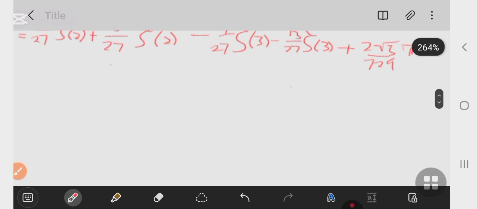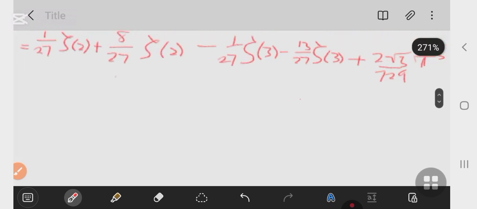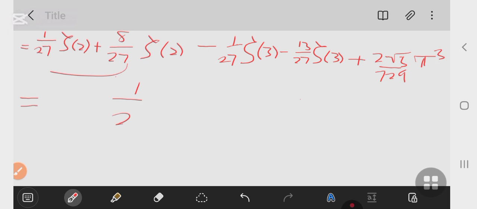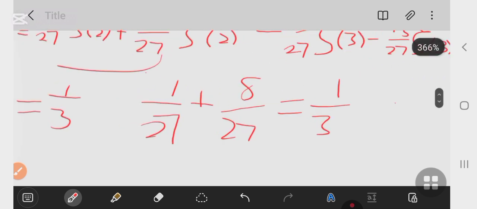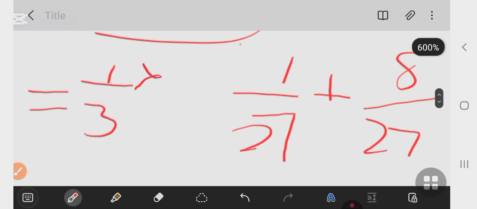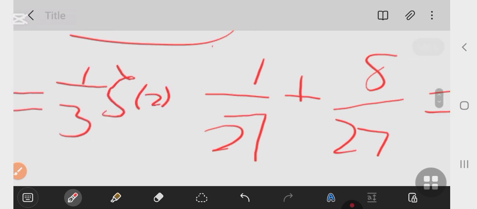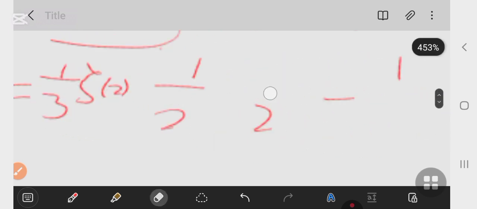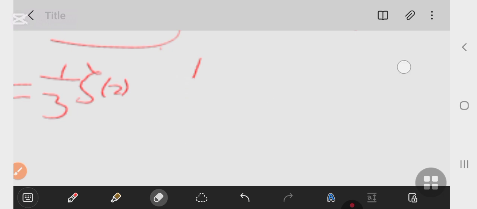Alright, now the last phase of this solution is this 1 over 27. I'm working with this now. 1 over 27 plus 8 over 27 is the same as 1 over 3. So I'm permitted to write 1 over 3 zeta 2 here. Then what else?